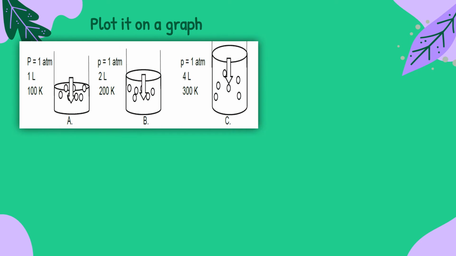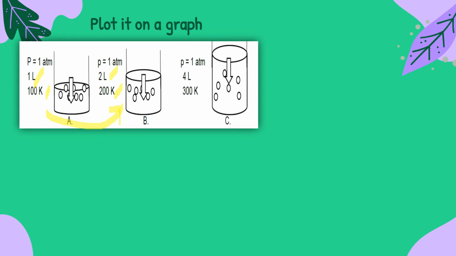Now, to show further the relationship of volume and temperature of a gas, let's plot it on a graph. Let's say we have a cylinder that has an initial volume of 1 liter with 100 Kelvin as a temperature, and it experiences a change to have 2 liters with 200 Kelvin.